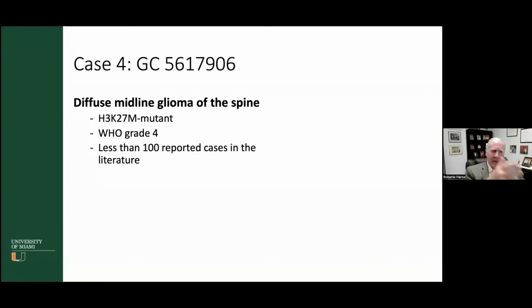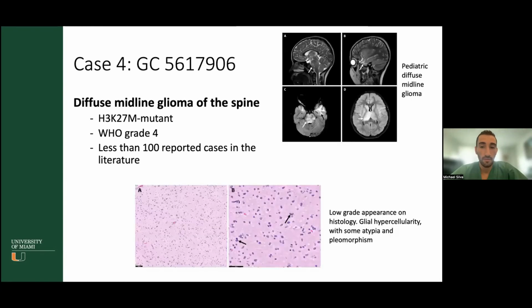I suspect that you won't find this mutation marker on the pilocytic astrocytomas of the cerebellum or of the optic nerve, for example, that behave very indolently. Yeah, exactly. So the H3K27 mutation here confers the grade 4.